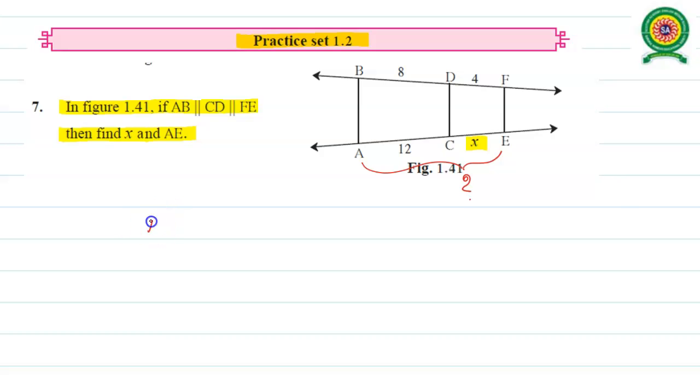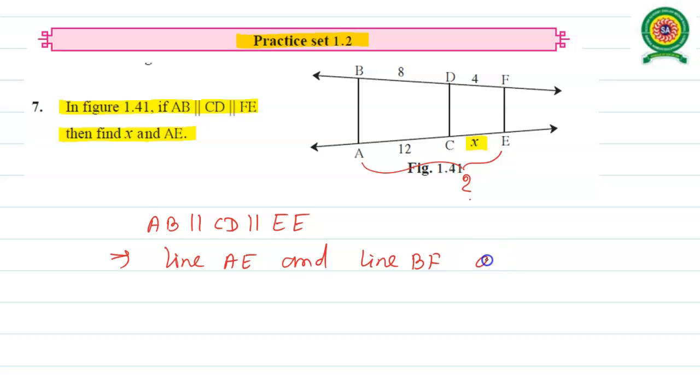Now since AB is parallel to CD is parallel to EF, we can write that line AE and line BF are transversals, because they intersect three parallel lines.